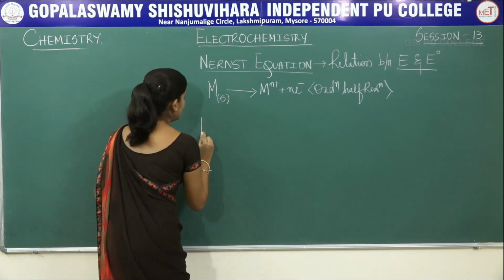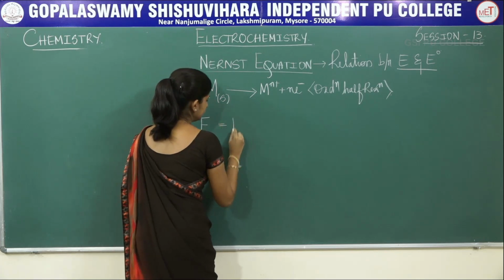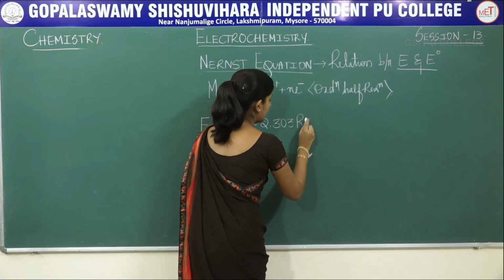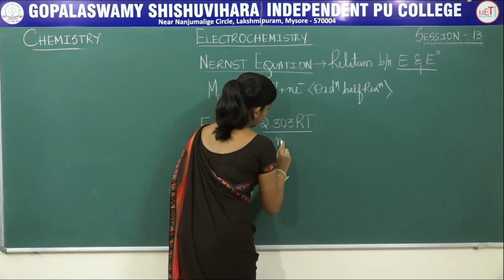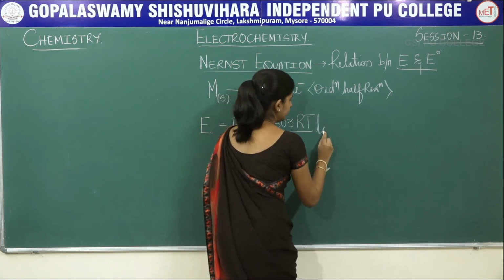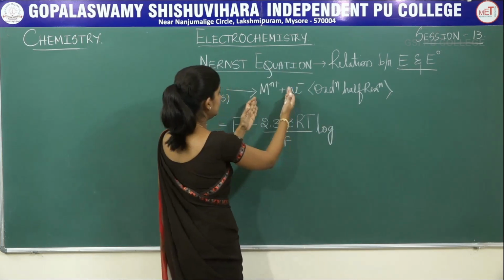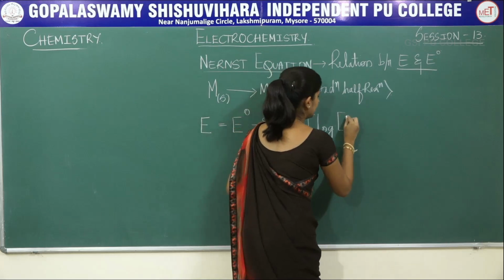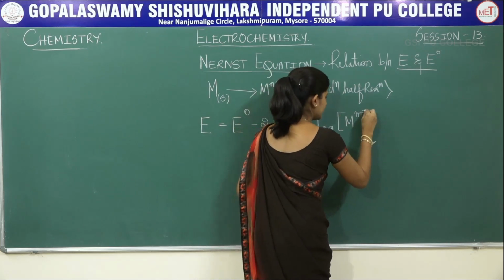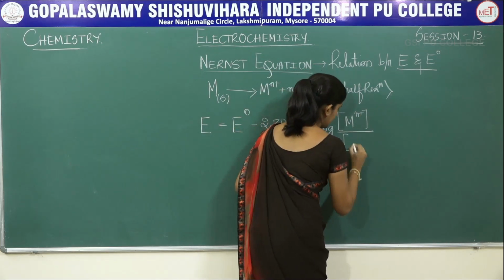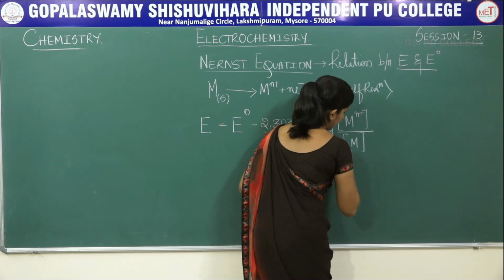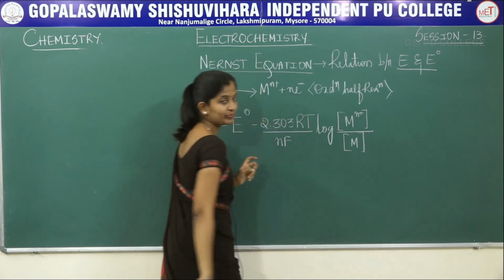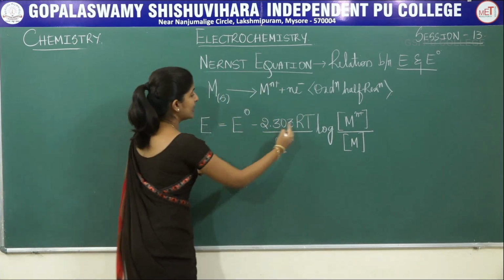So the Nernst equation will be E is equal to E naught minus 2.303 RT by nF log of product divided by reactant, that is Mn+ divided by M. Product is your Mn+ divided by M. So what are these values?